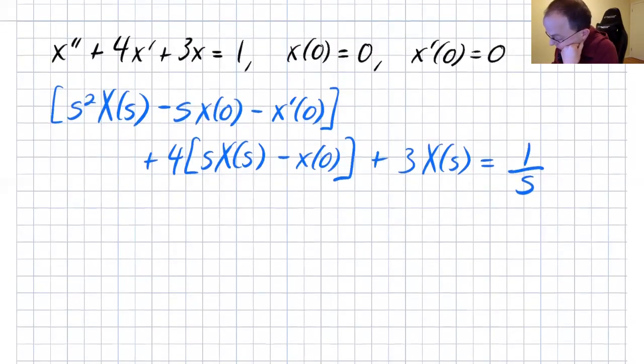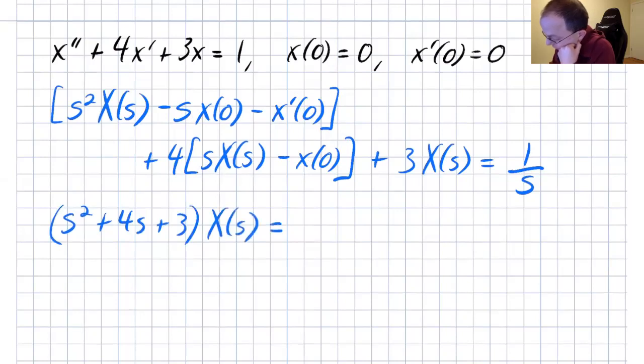Okay. So all these guys are 0, so I'm not even going to write that stuff in. I'm just going to get (s squared plus 4s plus 3) X(s) is equal to 1 over s.